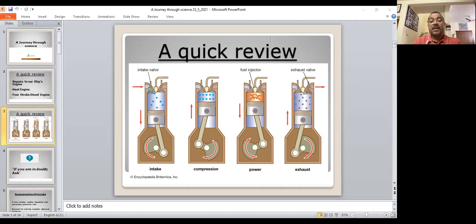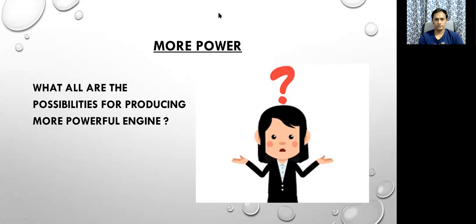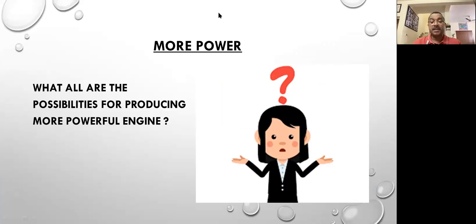So in order to produce maximum power in this engine, there is a particular limit for the fuel we can inject. If we inject more fuel, it will go unburnt and will be kicked out in the fourth stroke, the exhaust stroke. So that was the working of a diesel engine.